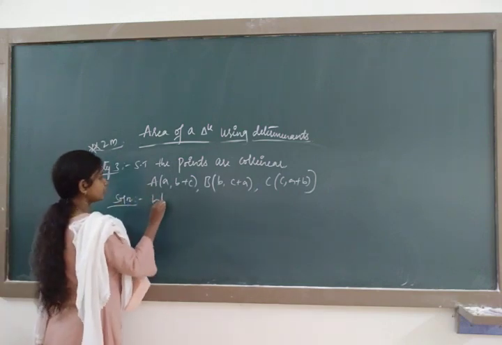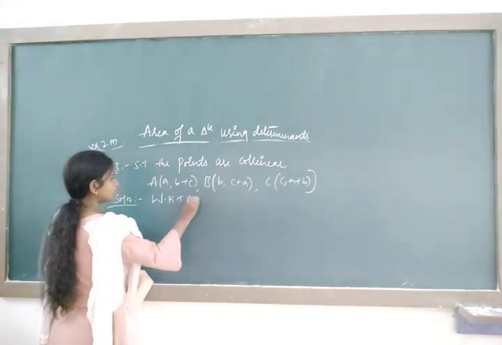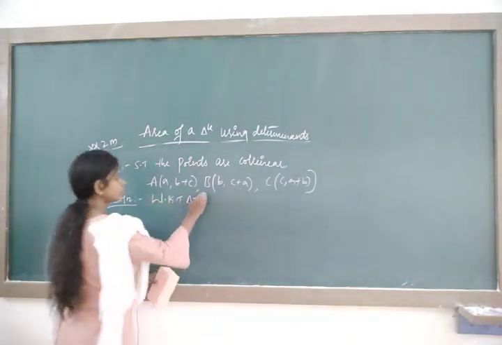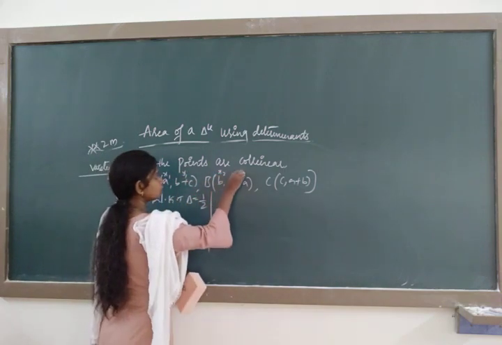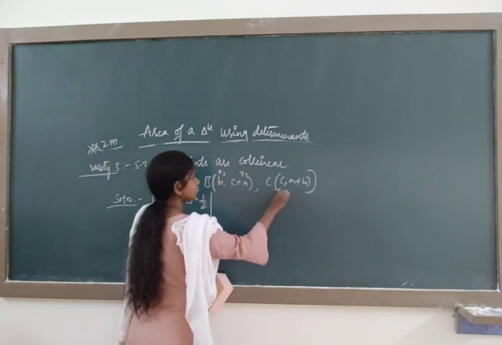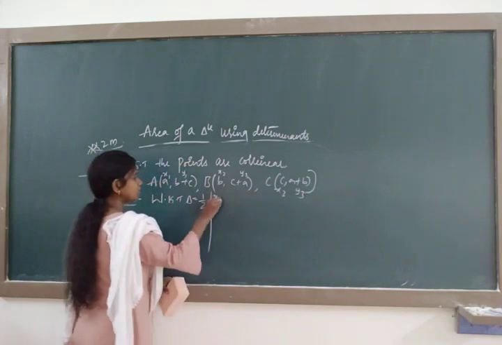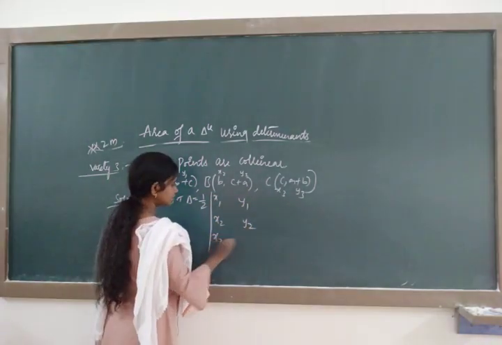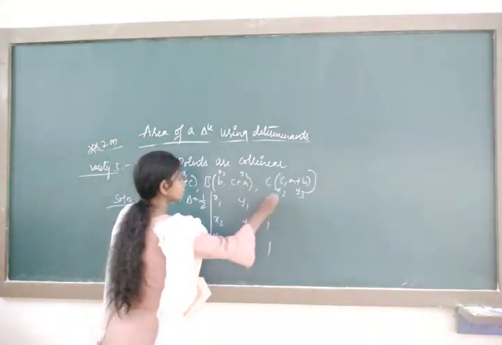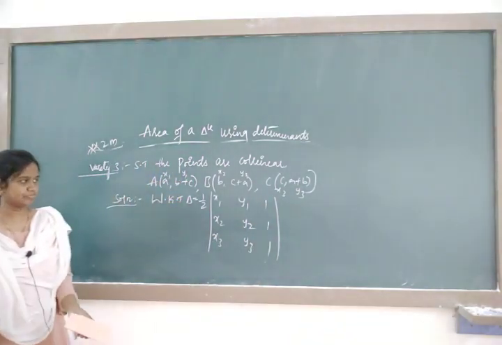Solution: we know that delta is equal to half times the determinant. Denote this one as x1 y1, this as x2 y2 and this as x3 y3. Write x1 y1, x2 y2 and x3 y3 here. Fill the last column with 1 1 1.